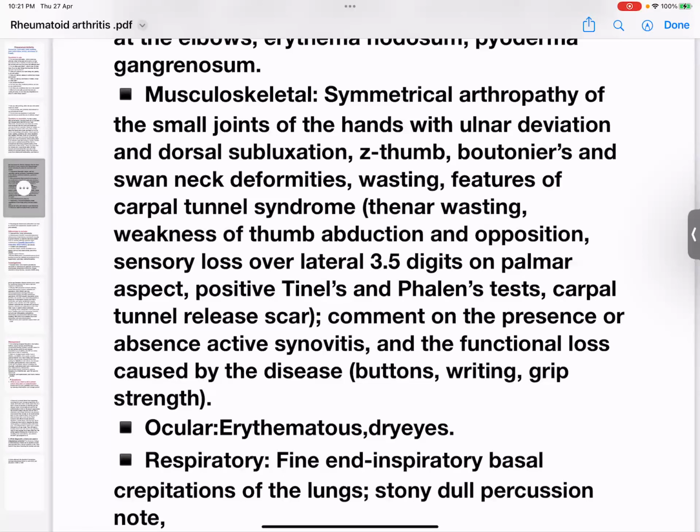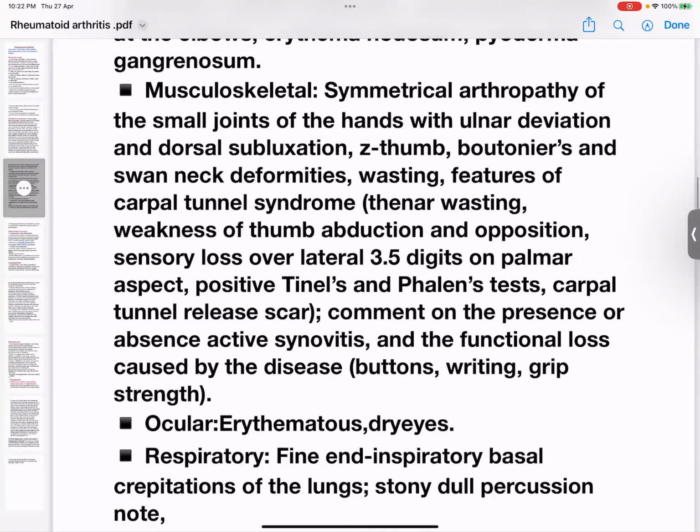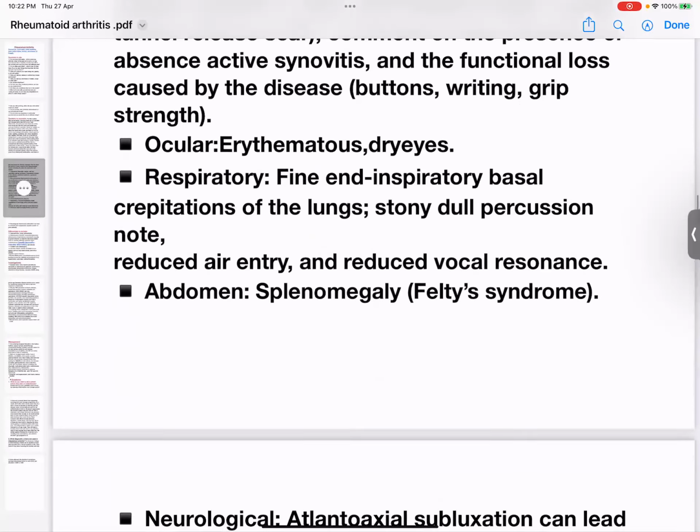Stony dull percussion note means that sometimes there is a tense pleural effusion, or sometimes it is related to dense pulmonary fibrosis. So this is how to collect the signs and how to present the case to the examiner. These are very important notes about any rheumatological case.